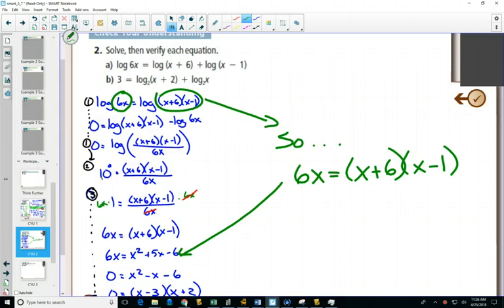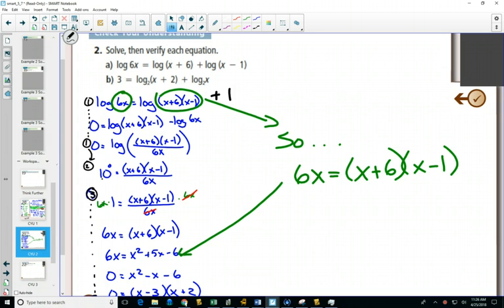Does that make sense? Now that shortcut only works if you have a log of something equals log of something else. If I added plus 1 to that equation, poof, shortcut no longer works. You have to use the long cut. I don't know if that's a word. You have to use all the steps. But if it does happen to be this situation, then you could just do the same thing that we used when we had the same bases, right?